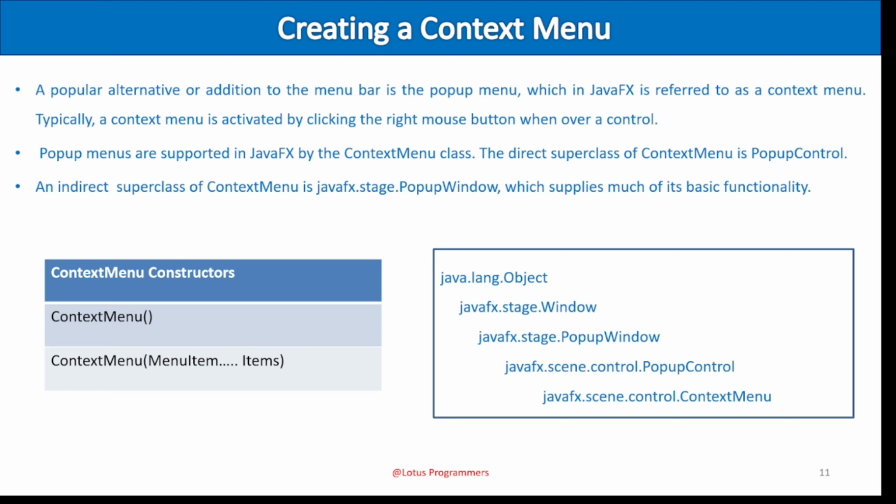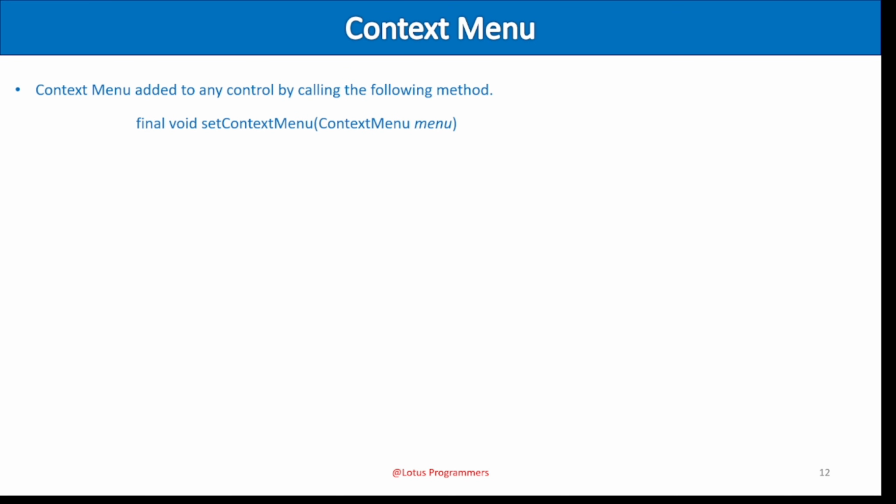Once the context menu object is created, that context menu is to be added to any control of the JavaFX application. In order to add it, through the respective JavaFX control object, we call the setContextMenu method.